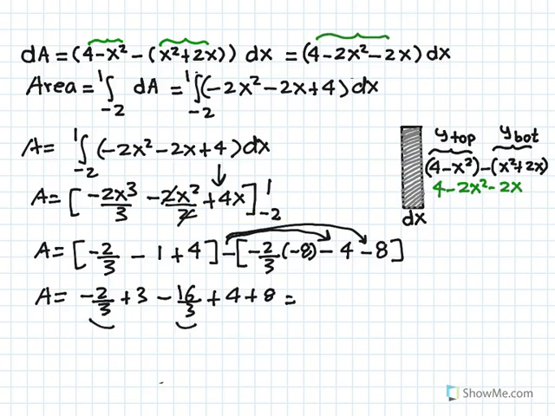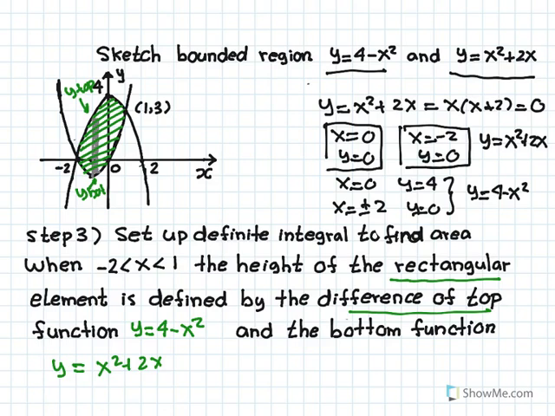We get minus 18 over 3, which is just 6. And looking at the whole numbers, 3, 4, and 8: 3 and 4 is 7, 7 and 8 is 15. So we get 15 minus 6, which is equal to 9. This is the area of the shaded region. This area is 9. All right. Thank you.